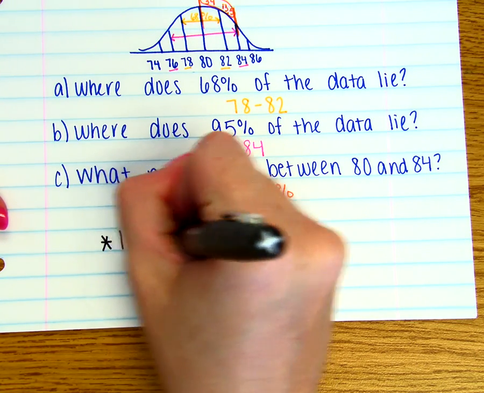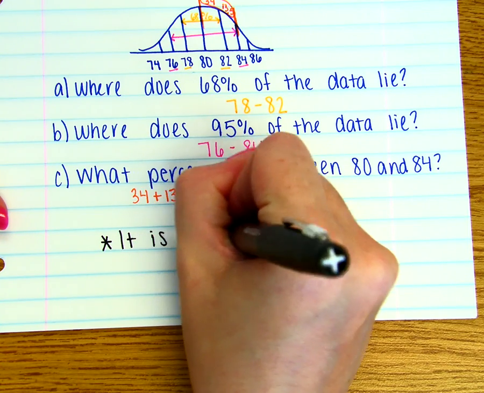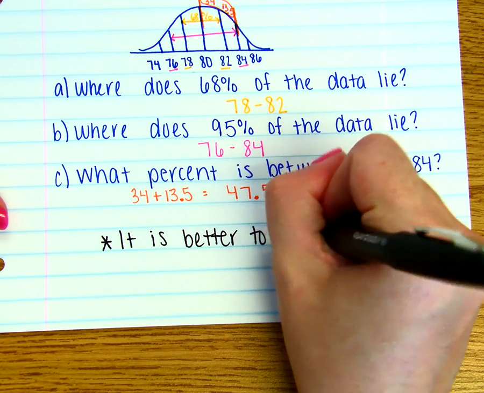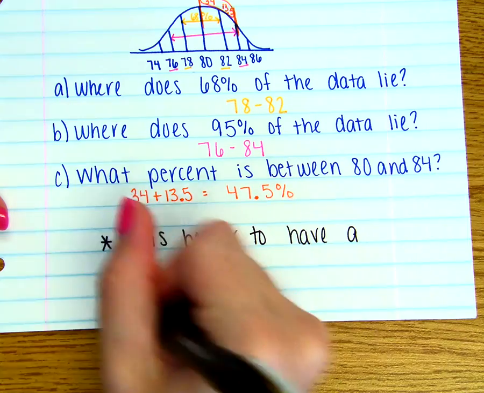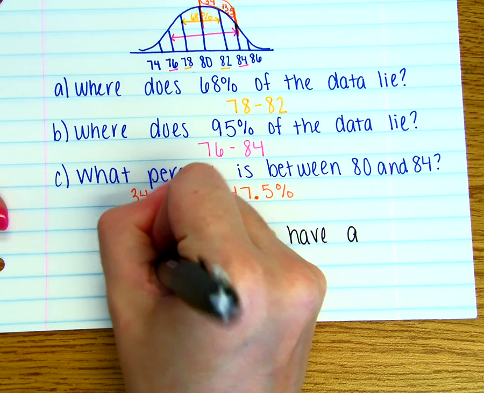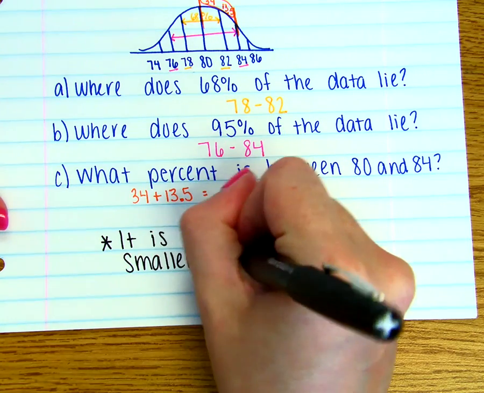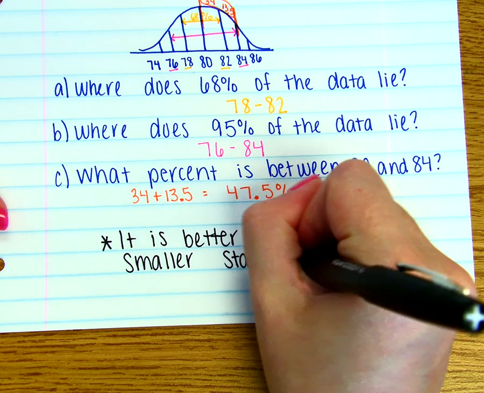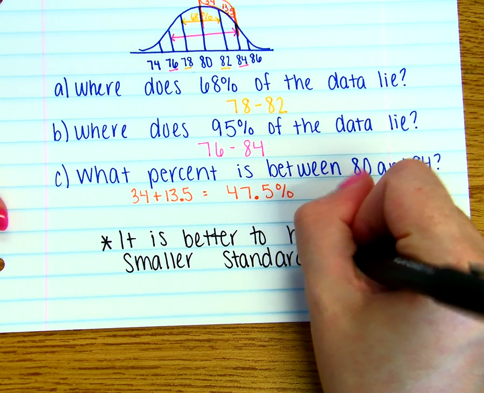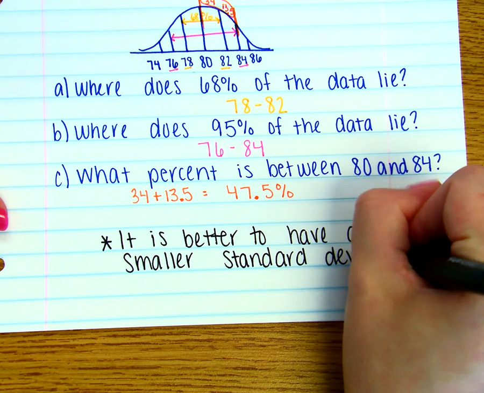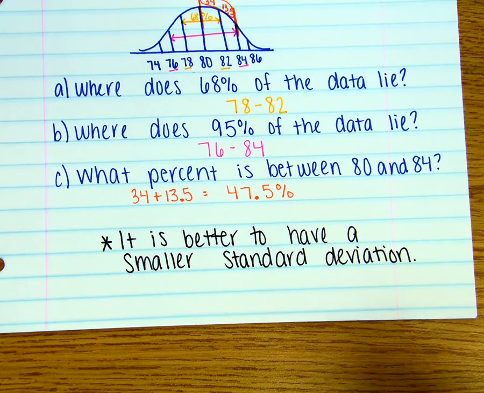So if a question ever asked, which situation would be better, this one with a small standard deviation or this one with a large standard deviation, we would always choose the one that has a smaller standard deviation.